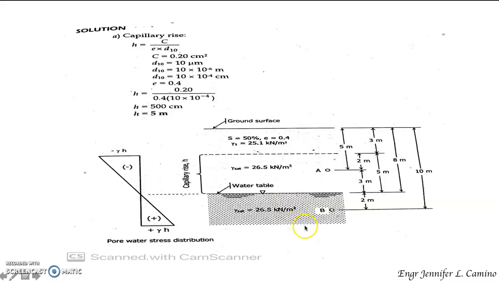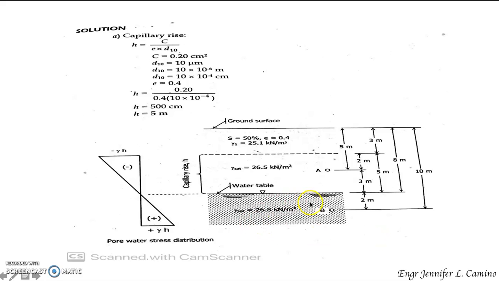The result for the total stress is 213.1. The pore water pressure at point B is based on the water table. The height of the water is 2, so the pore water pressure at point B is 2 times the unit weight of the water, 9.81. The result is 19.62.